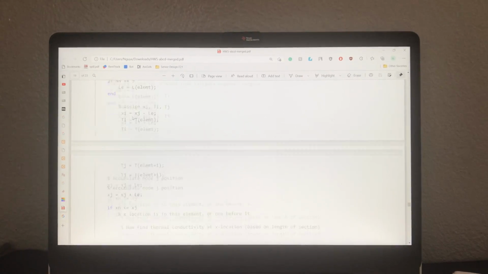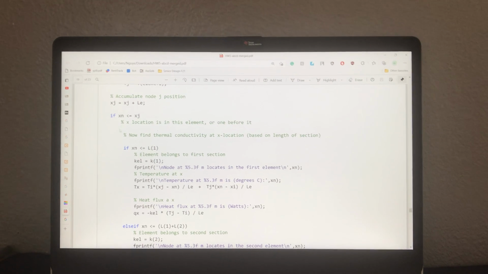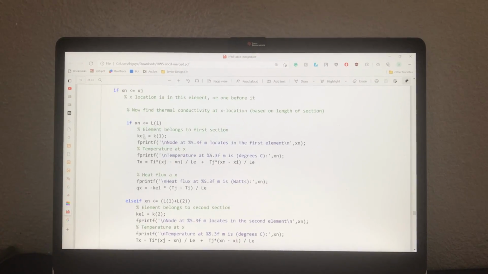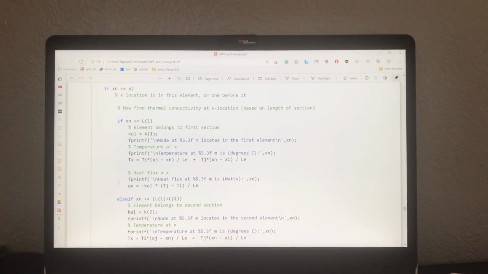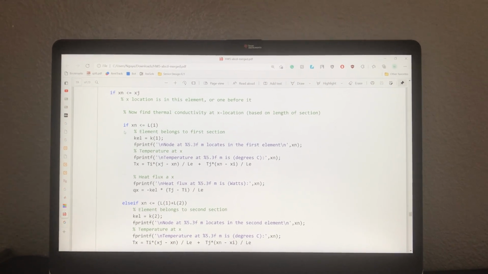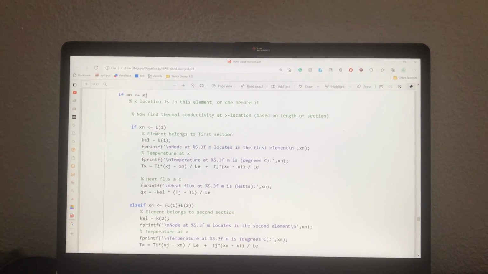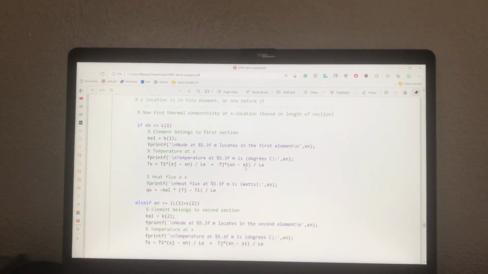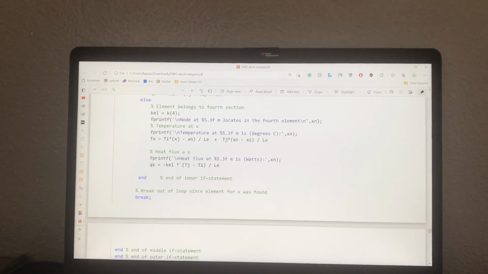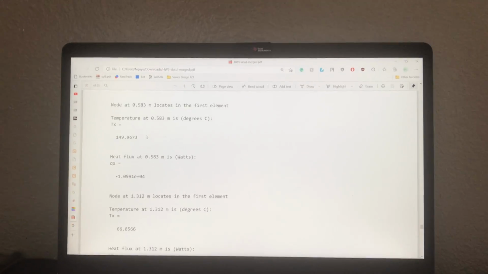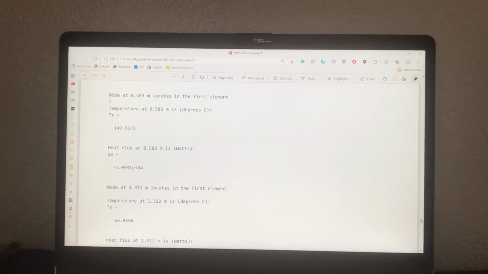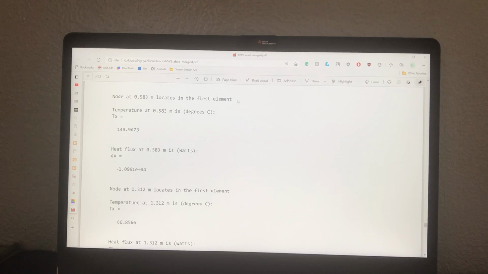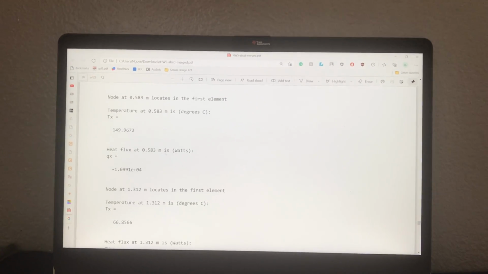We get the x out, and from that x we are able to get the location, the temperature there, and the heat flux there. So basically it's the same thing all over again. And here's what displays: the node locates where the temperature is, and the heat flux there.